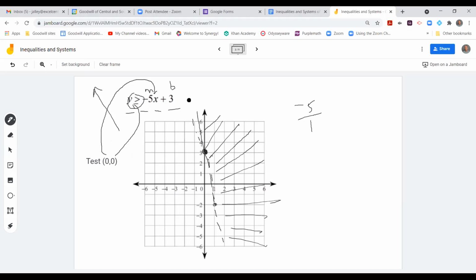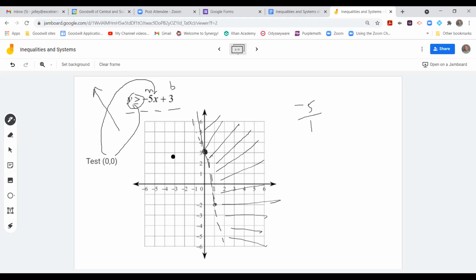So that tells me it's not a solution and confirms that I've got the shading in the right area. If I had shaded it on this side and then done that substitution to test it, I would have gotten a no solution mathematically, which should tell me, oh, shading does not go on this side.